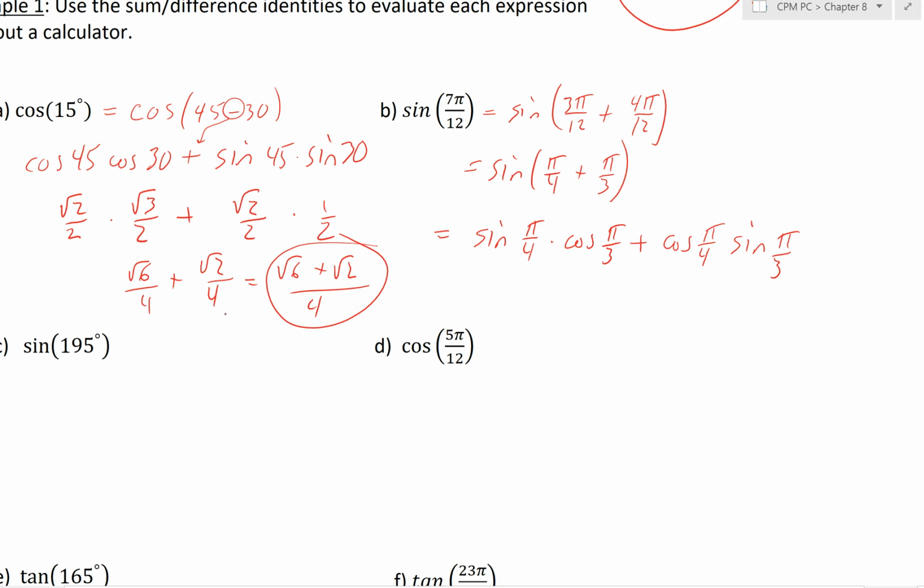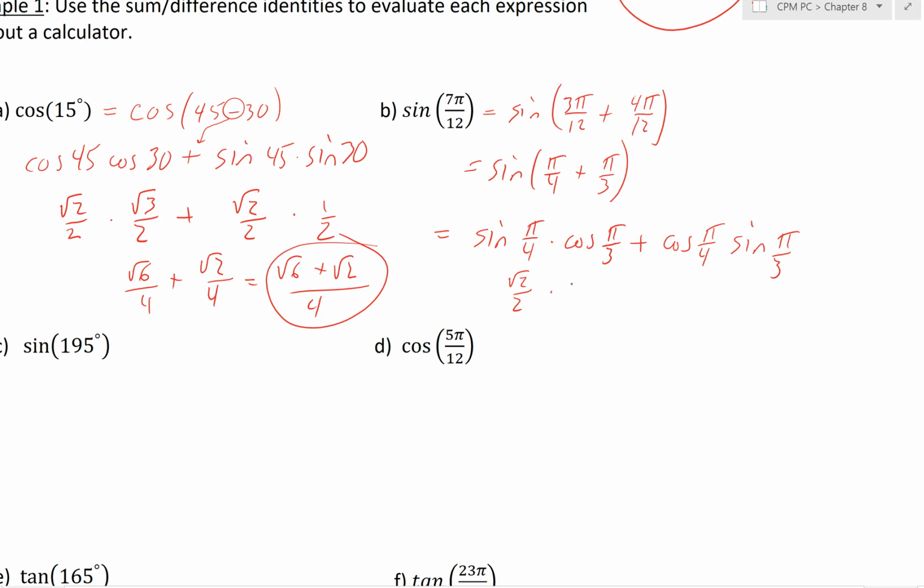Okay, so, sine of pi over 4. The 45-degree angle should be easy, guys. Sine and cosine of pi over 4 is root 2 over 2. Those are the easy ones, the 45, 45, 90s. They're both the same. Okay, cosine of pi over 3.